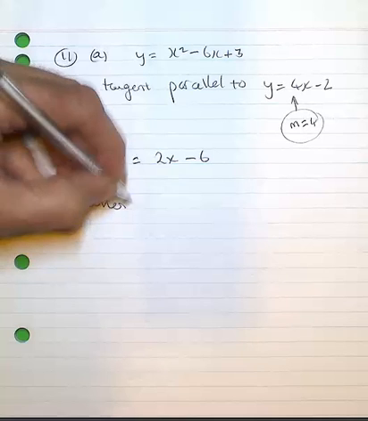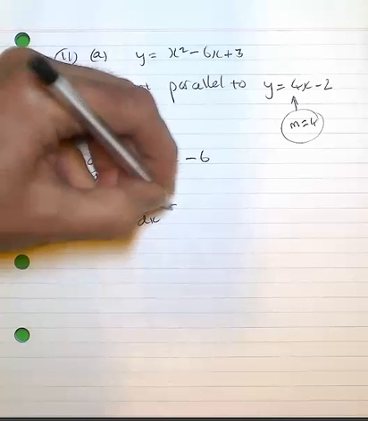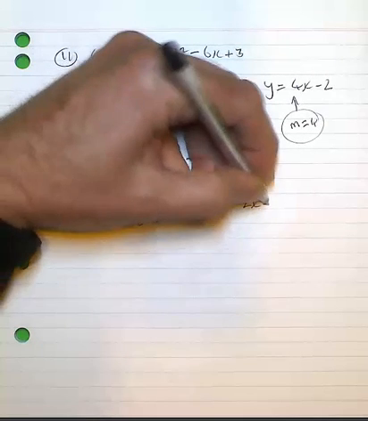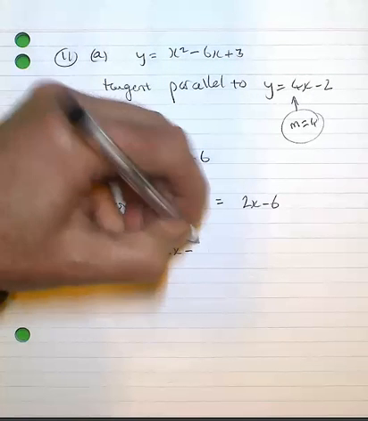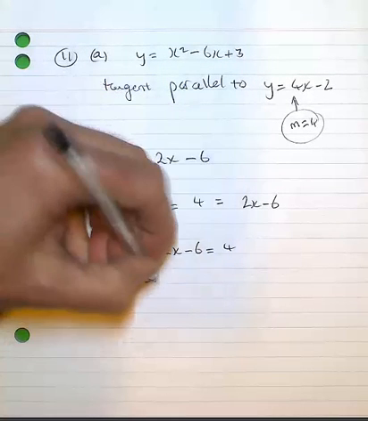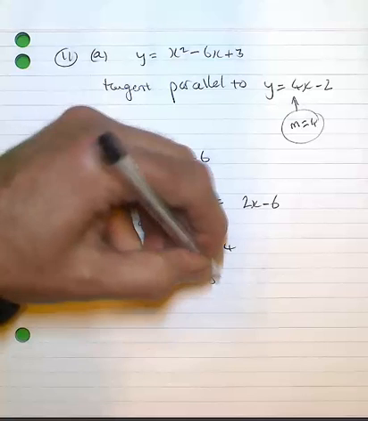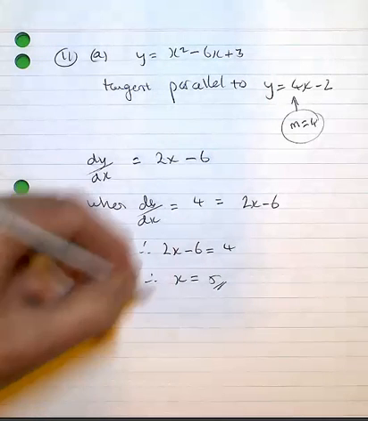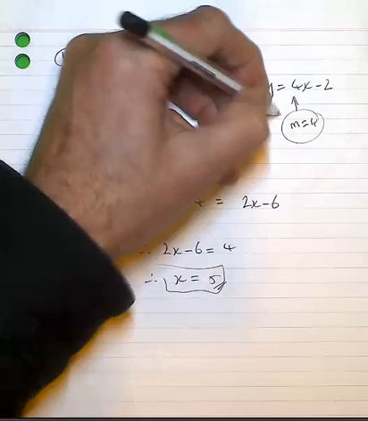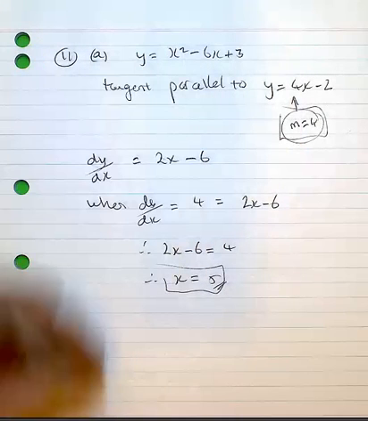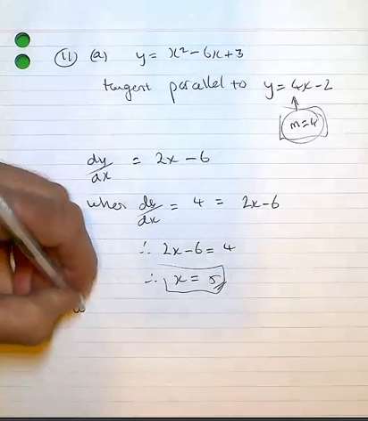So when dy over dx is equal to 4, therefore 2x minus 6 is equal to 4, and x is equal to 5. So I've got my x value, I've got my gradient. I now have to find the y value at that point.